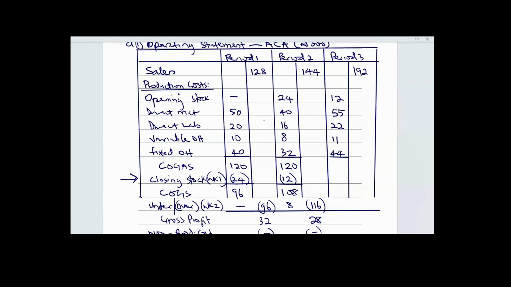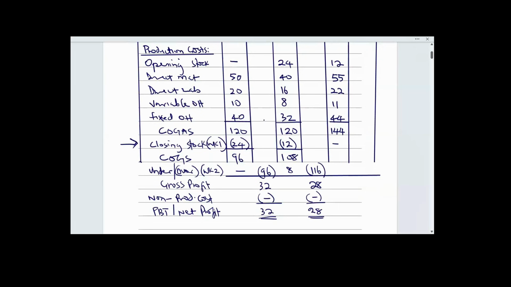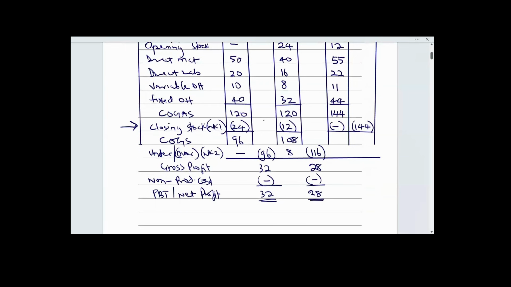Add it up: 144,000. The closing stock in the third period is 0. We don't have any closing stock. So here will be 144 minus 192, which gives 48,000.